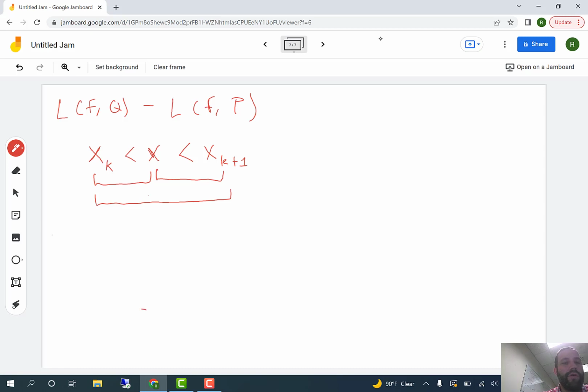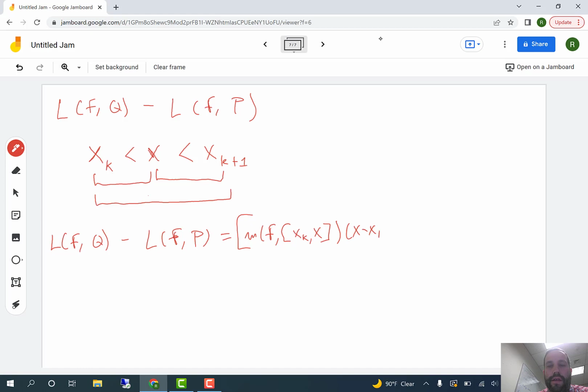In other words, L of f,Q minus L of f,P is equal to: if I do the L of f,Q, I'm going to get m of f over the set [x_k, x] times x minus x_k, plus little m of f on the set [x, x_{k+1}] times x_{k+1} minus x, and then subtracting off the part corresponding to L of f,P.